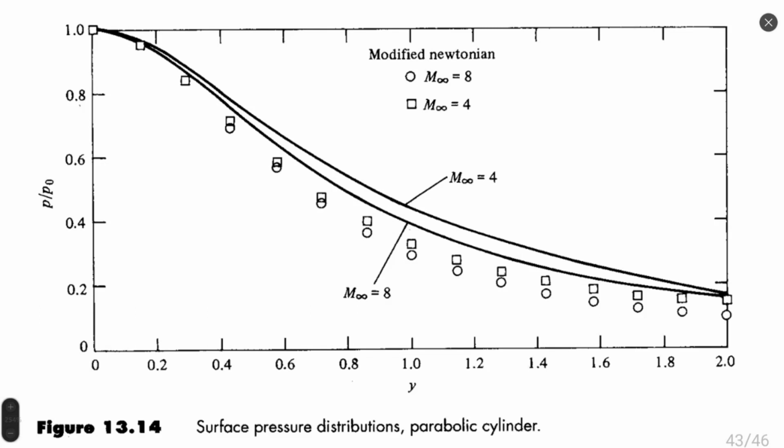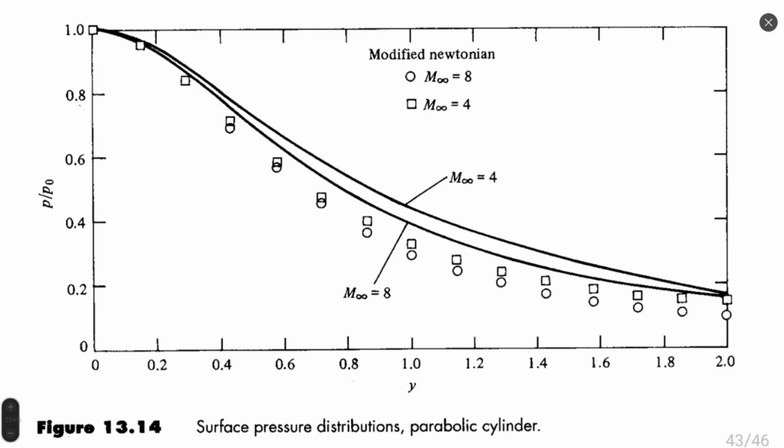Here on this picture, we see comparison between different methods of calculation or results of calculation on cylinder, numerical simulation, CFD, and Newtonian method, which is the method we will discuss in the chapter on hypersonic flows.